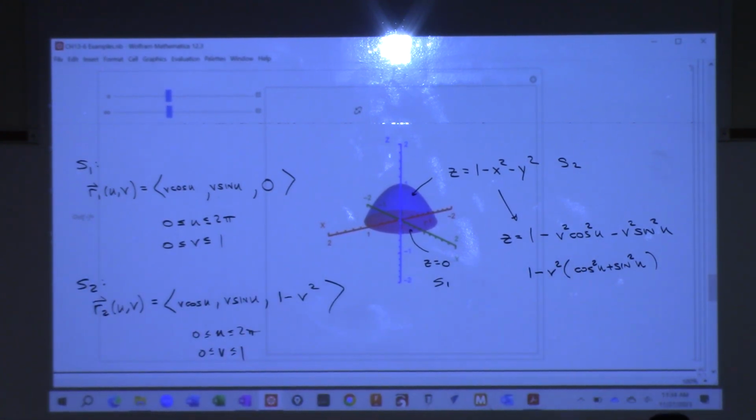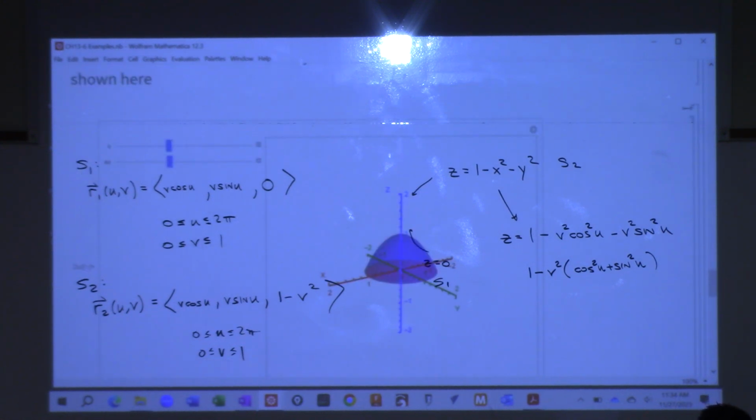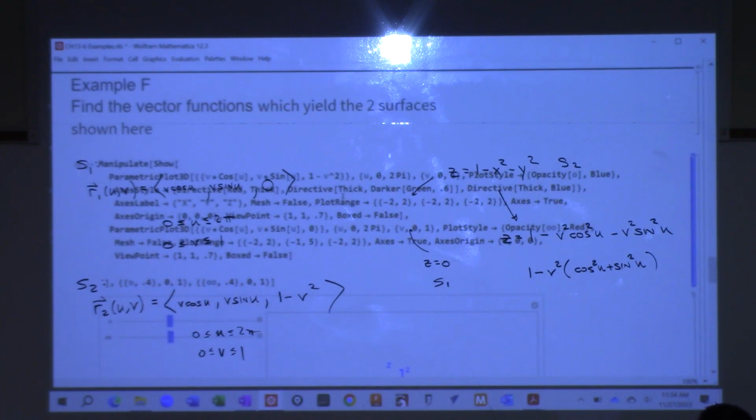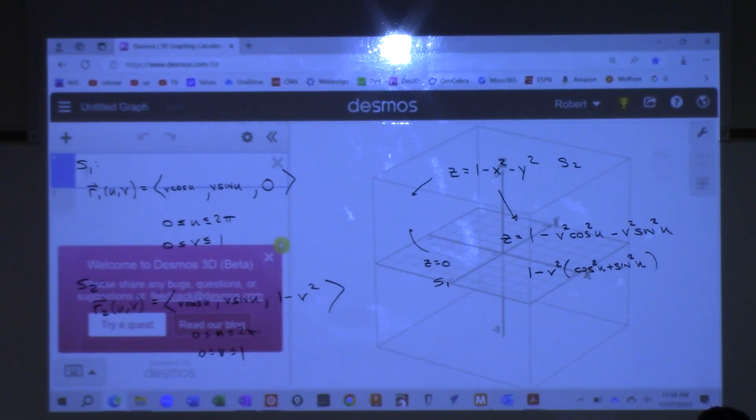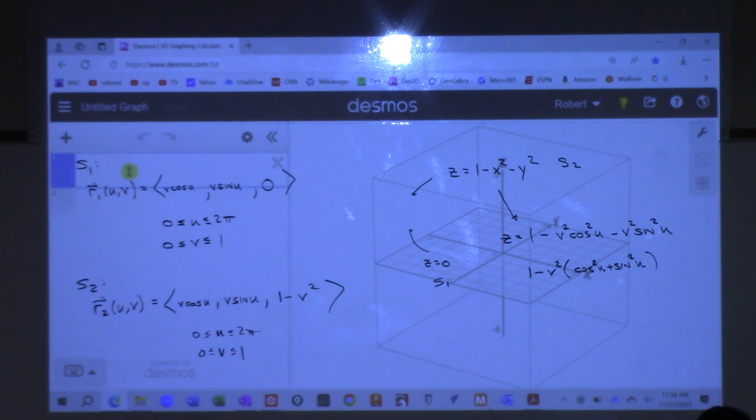We haven't done this ourselves. So when I made these notes, I did it in Wolfram Mathematica. I put in all the code to do it. But nowadays we just go to, let's try this Desmos 3D. I don't even know how to do vector equations. So let me try something. Parenthesis, t, comma, t, comma, t. Yeah, I drew a line. Okay, so that's good.